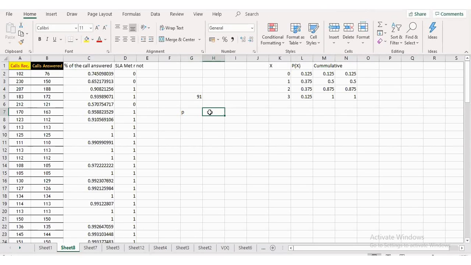P only, because you don't have the entire population. The next month also you are going to receive the calls, which you don't have. So it's always a P. Out of how many? 96 days. So what is this? 0.94. This is the probability of meeting the SLA.